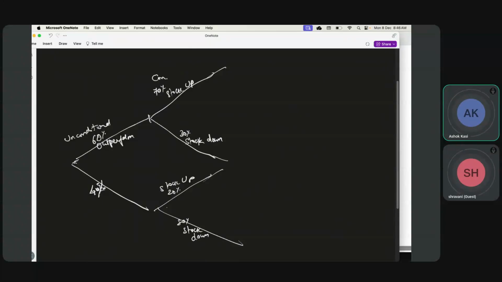This is called conditional probability. Similarly, this 40% is unconditional because it is not dependent on anything. If it happens, then there is a 20% probability that the stock will go up. So this will become conditional.